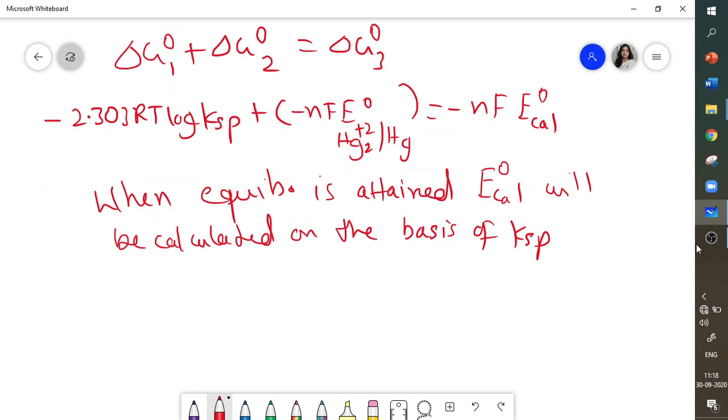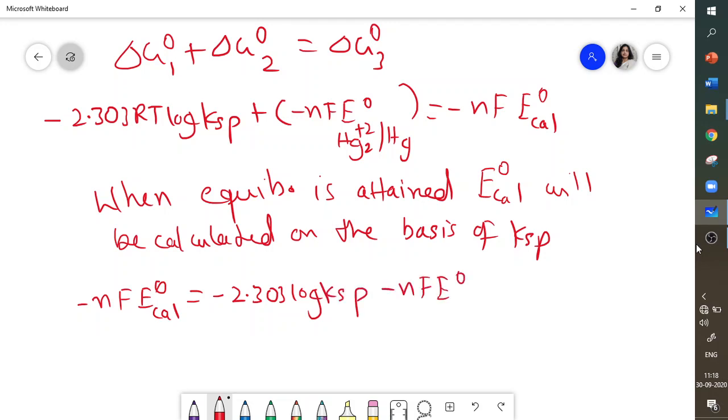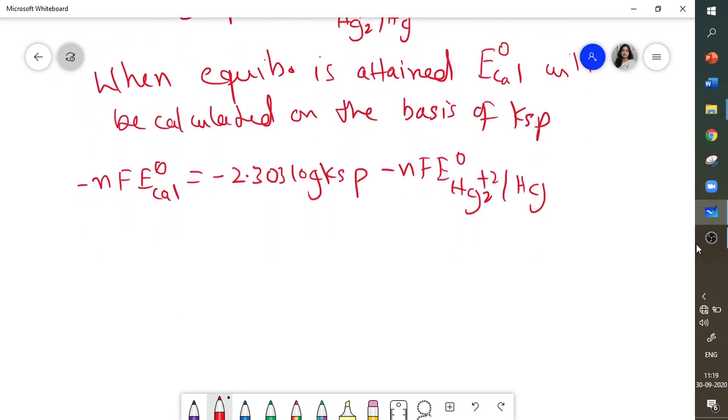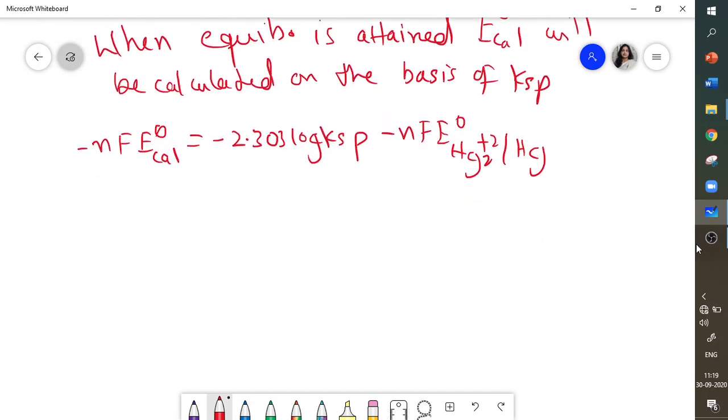So here I can write this one as minus nFE naught calomel is equal to minus 2.303 log KSP minus nFE naught of Hg2 2+ and Hg. Now all the negative signs will be cancelled out.